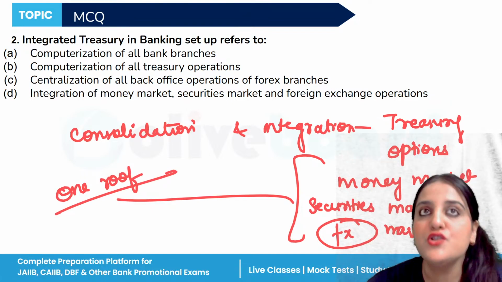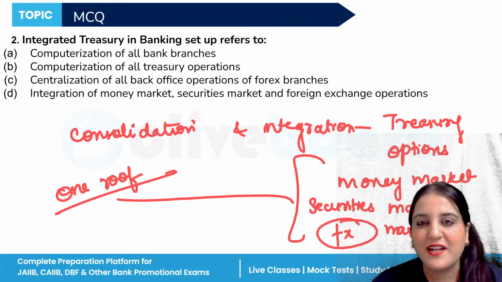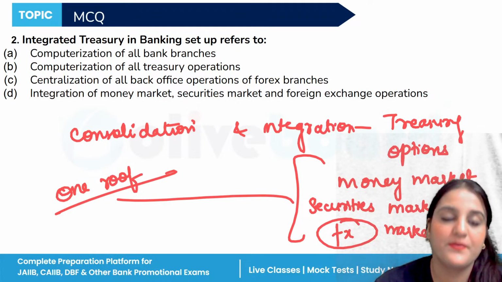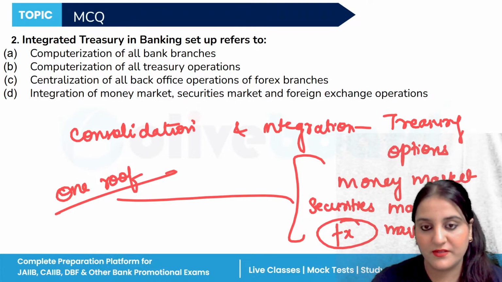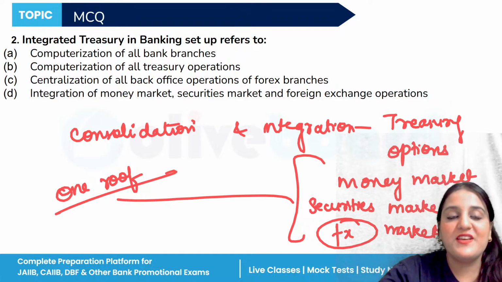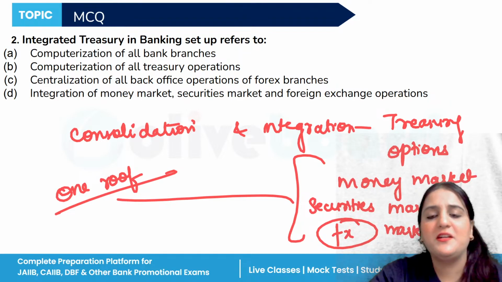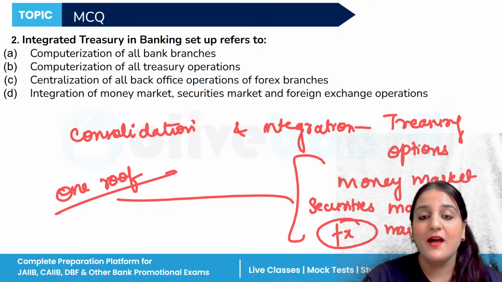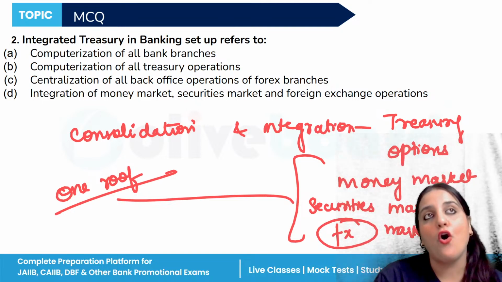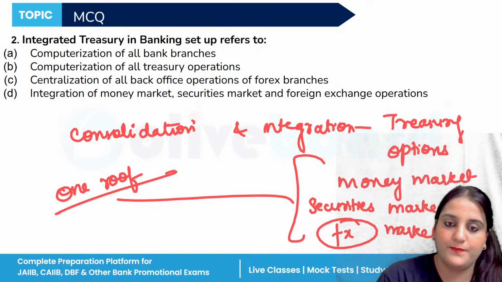This also allows the bank to effectively manage liquidity risks and investments across the different markets, enabling better coordination and optimization of resources.